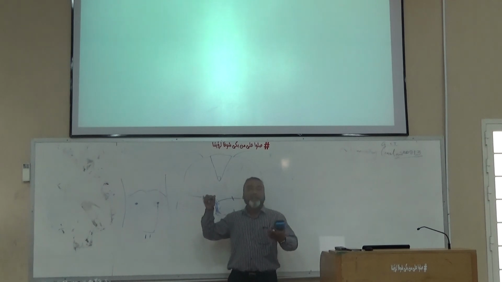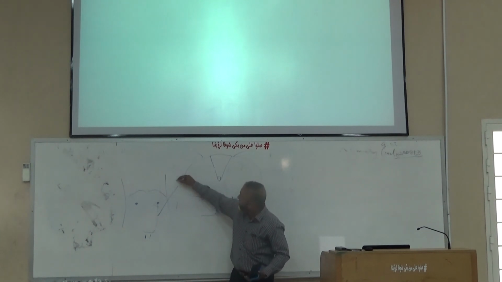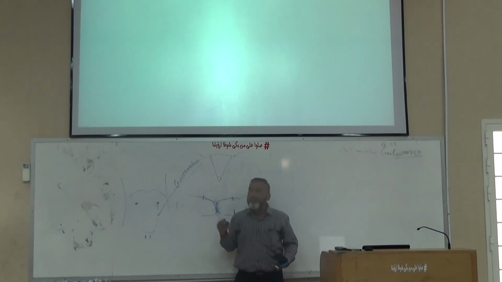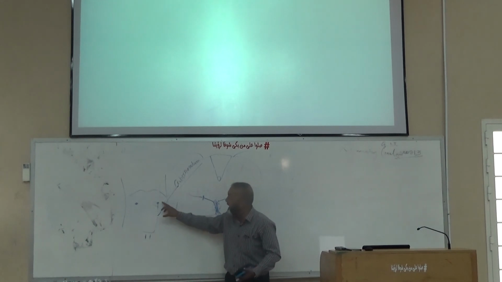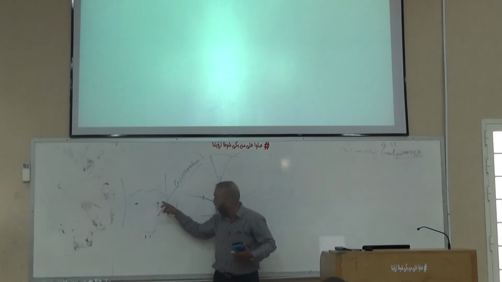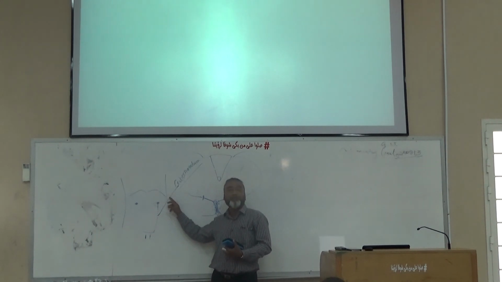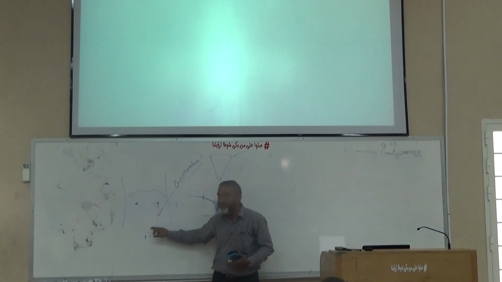Now how do they move down? There is a cord-like structure which is named the gubernaculum. This gubernaculum is basically the cord-like structure which guides our gonads: if we are male, to go into the scrotum; if the baby is female, to go down and stay within the pelvis.